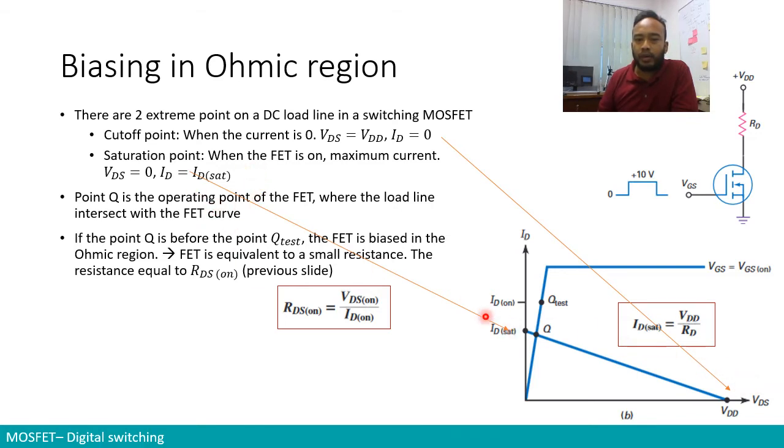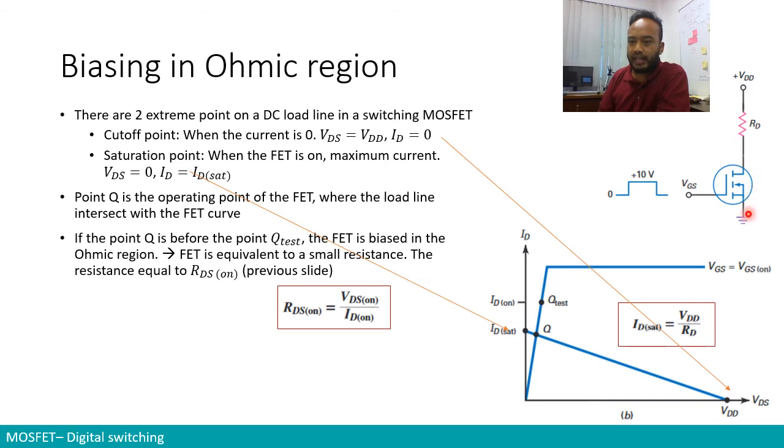The first one is what we call the cut-off point, when the current is zero. What does it mean when current is zero? The current is zero meaning that if we have our RD with hypothetically a very high value, therefore if there is too much resistor, then no current will pass through it. What's going to happen is that between drain and source, we will measure the same voltage as VDD, right?